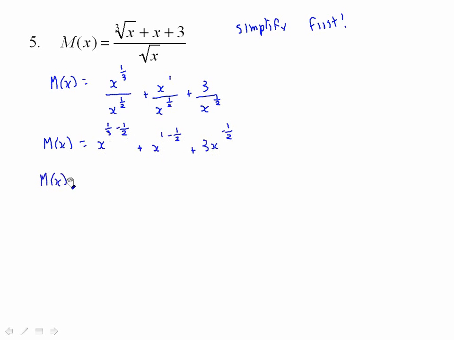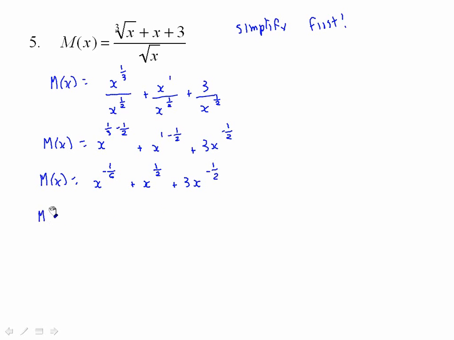And then m at x is equal to x. When you subtract these, 2 over 6 minus 3 over 6 is minus 1 over 6. Check that one out. Make sure that you get that one right. And then plus x to the 2 over 2 minus 1 over 2 is 1 over 2. And then 3x to the negative 1/2.